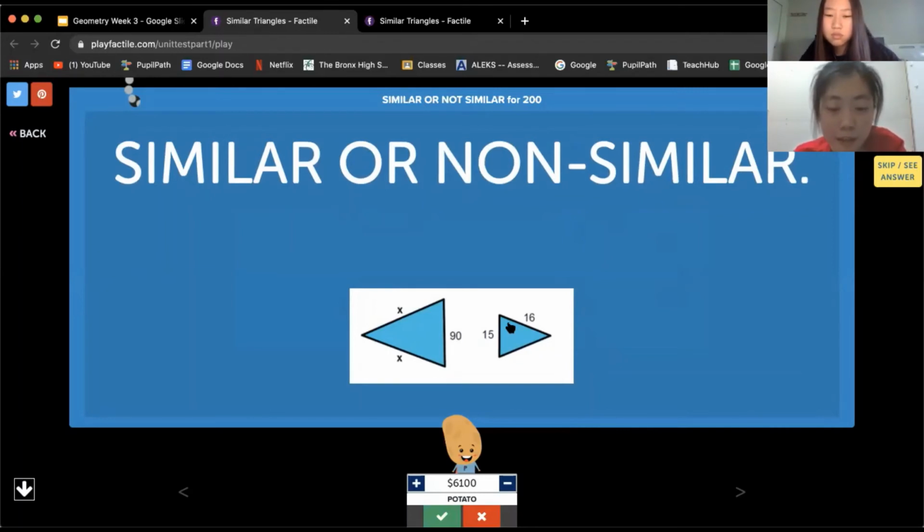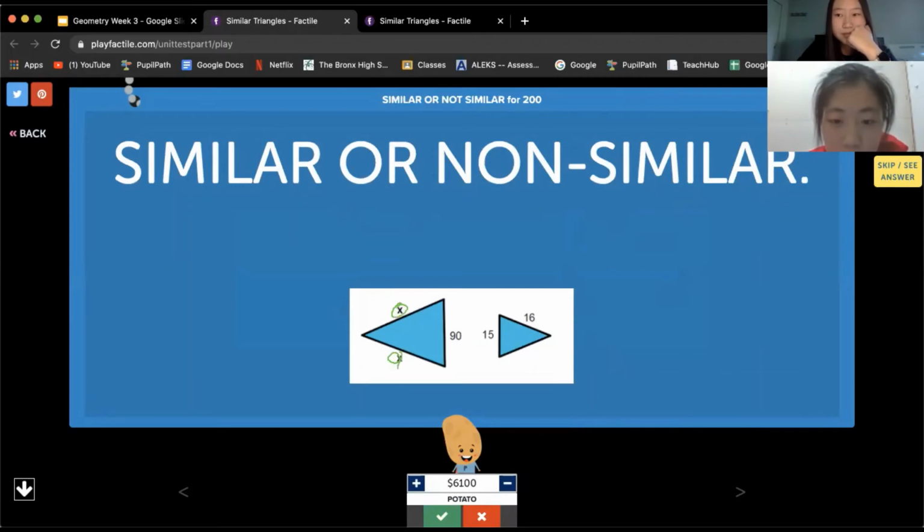So now let's take a look at these two triangles and see if they are similar or not similar to each other. So over here, we know that this triangle is an isosceles triangle because these two are both x.